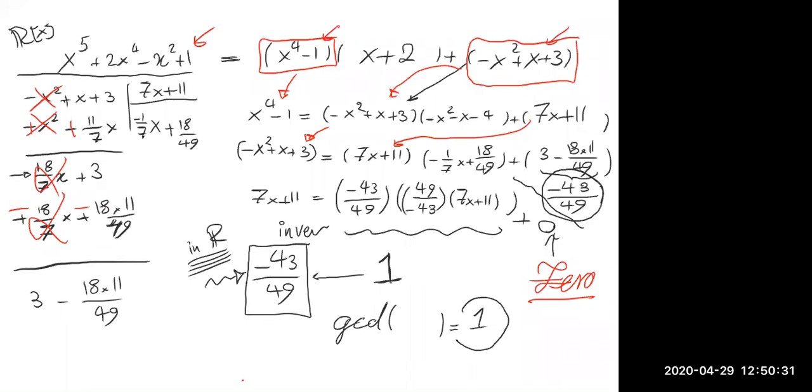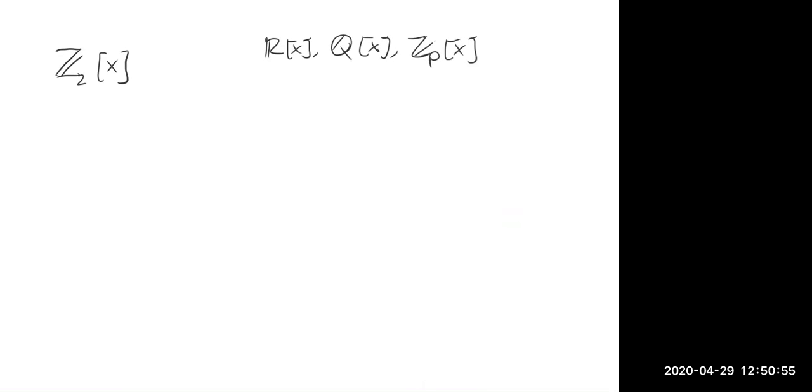Now let's just look at one example about the inverse of a polynomial. This time let's look at Z2[x]. Z2 is a field. The examples we care about in this course are Z[x], Q[x], and Zp[x], where p is prime. So Z2 is a special case of Zp.